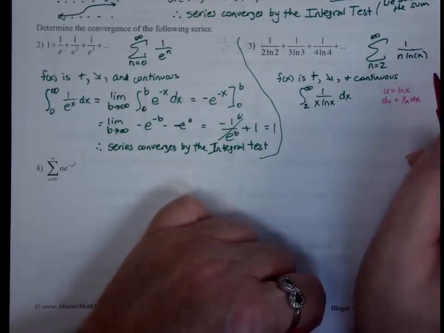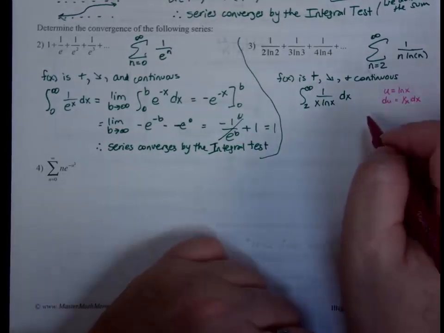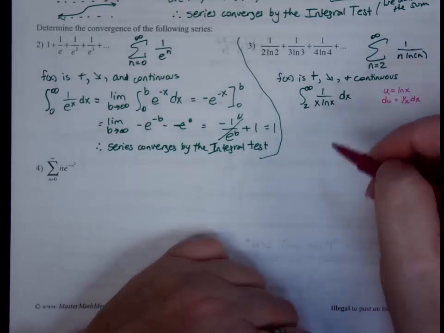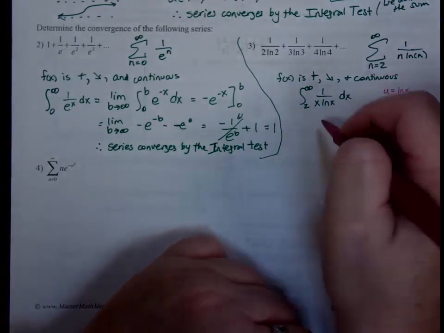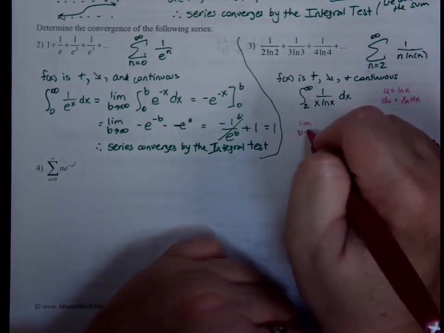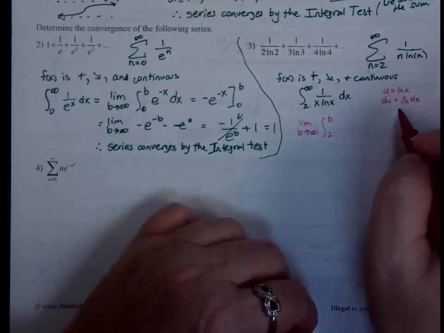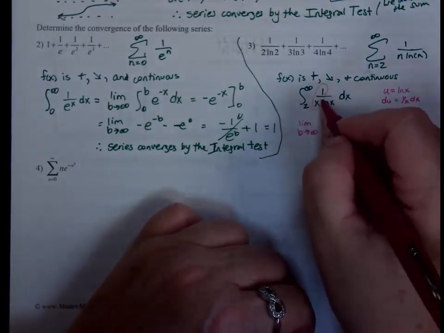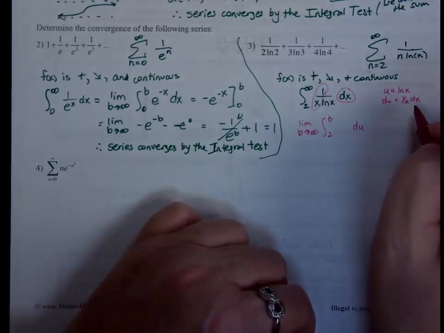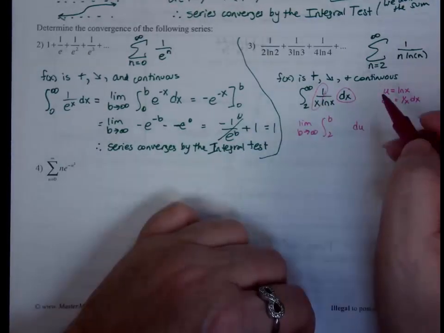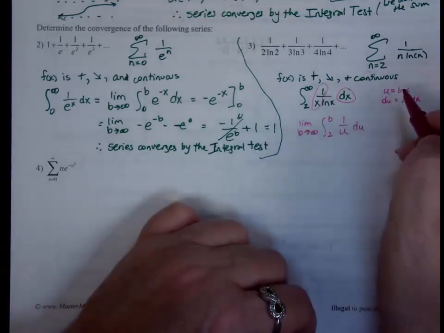Now, with these problems, I personally prefer to change it to u's, integrate it, and change it back. Okay, that way I don't have to mess with these limits of integration. All right, so here's what I'm going to do. The limit as b approaches infinity, integral 2 to b. Now, 1 over x and dx make your du. Do you agree with that? What is the rest of it? Just u? It's 1 over u, which will eventually be an ln.